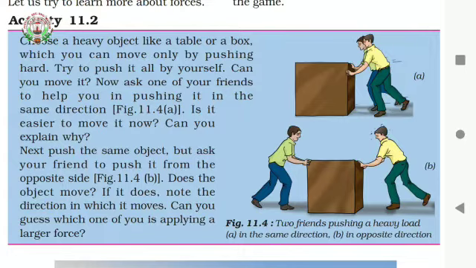But when you and your friend both together apply a force on the box, the net force acting on the box will become more, and because of that, the box moves.